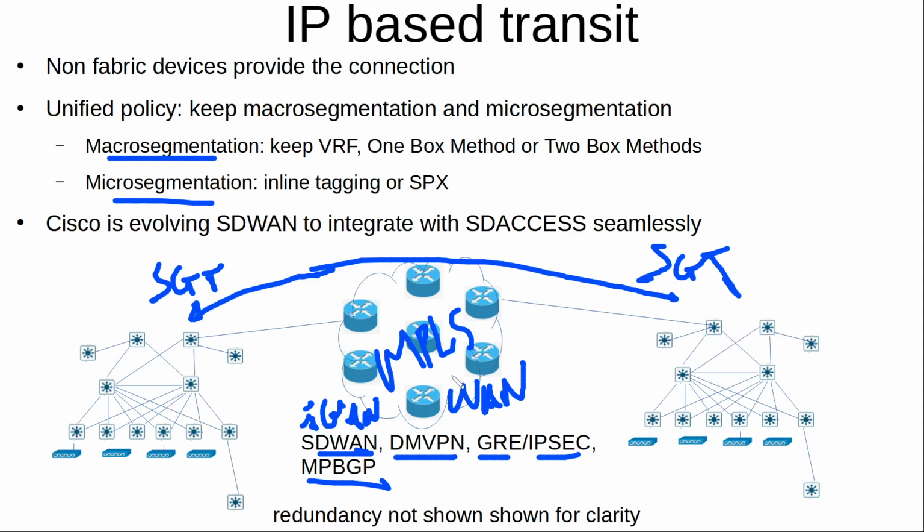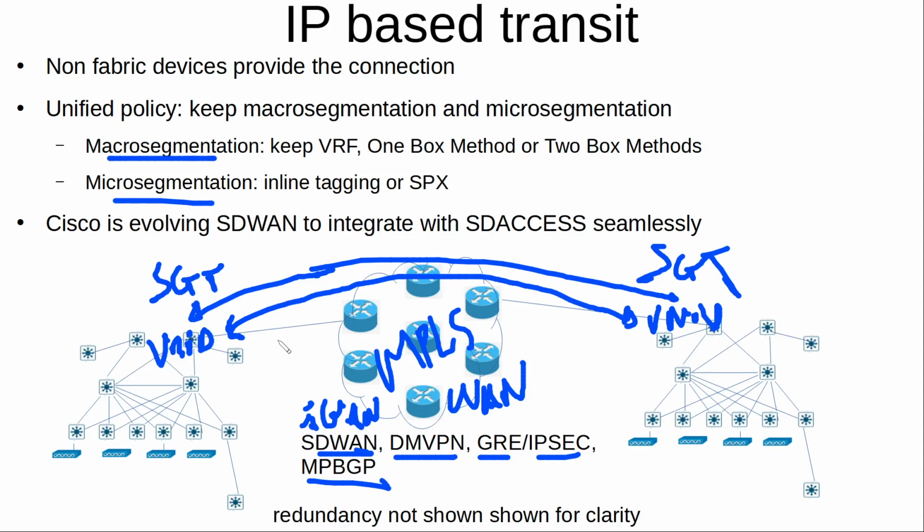Remember that traditional IP networks don't know what scalable group tags are. And the other question is how I'm going to carry VNID information for my macro segmentation. How I'm going to carry VNIDs.